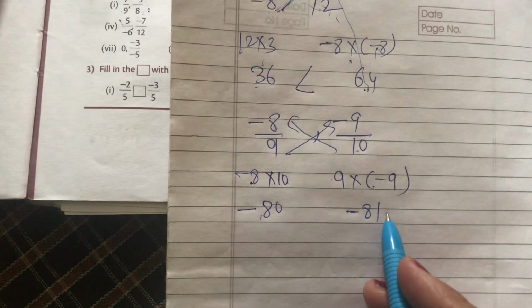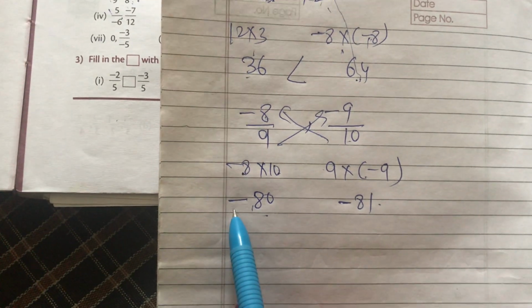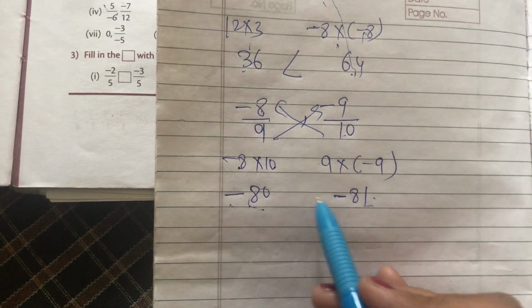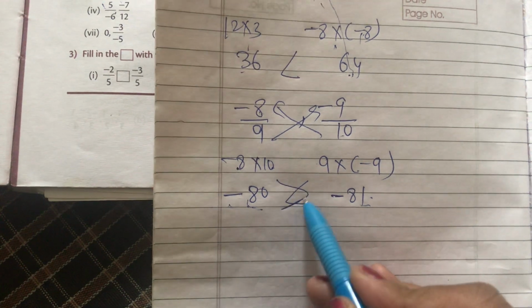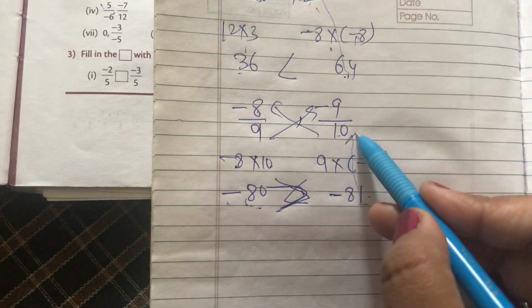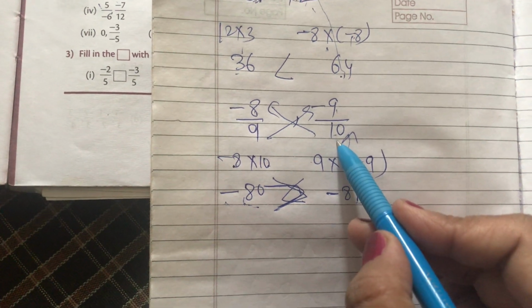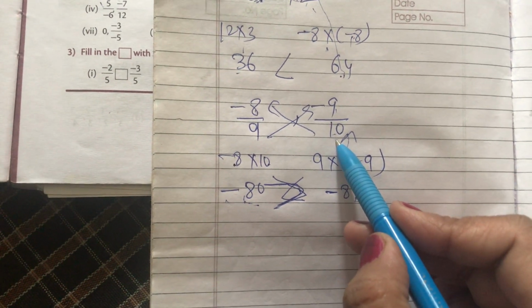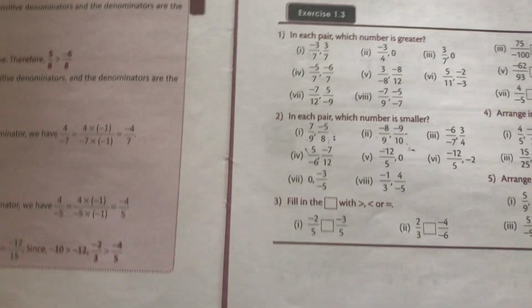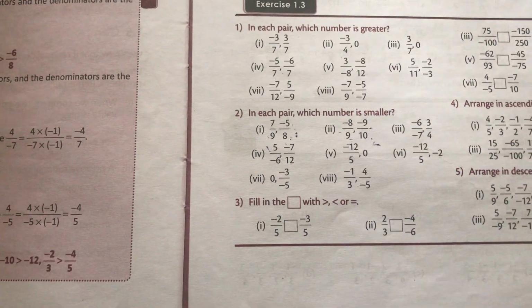Now both are negative. The smaller number with a negative sign will be greater. So this number is greater, this one is smaller. So minus 81 related with minus 9/10. So we will write minus 9/10 is smaller. So similarly you can do other parts by yourself.